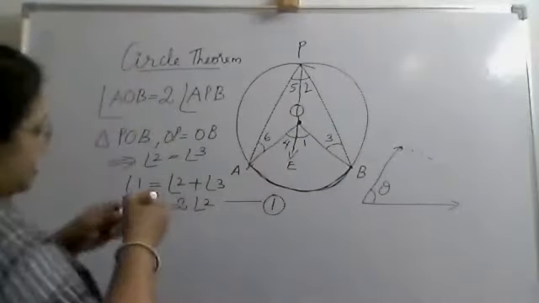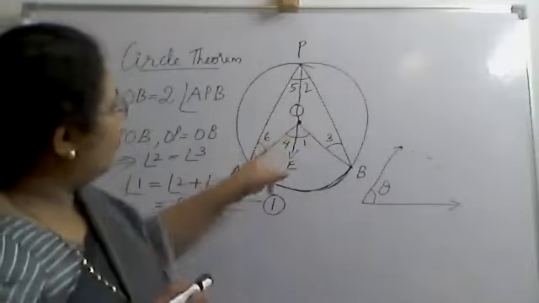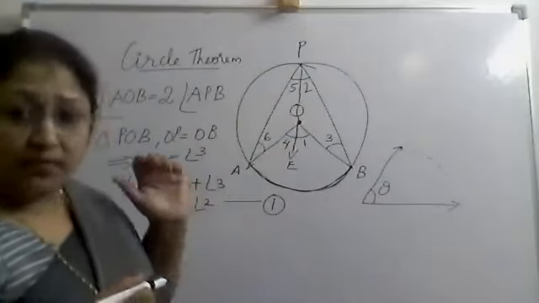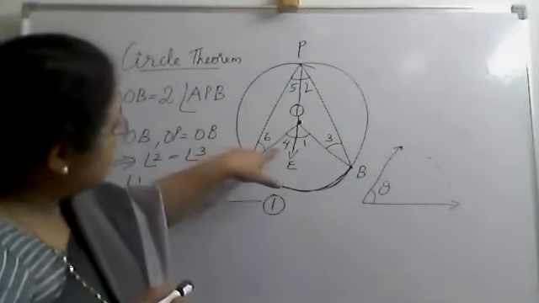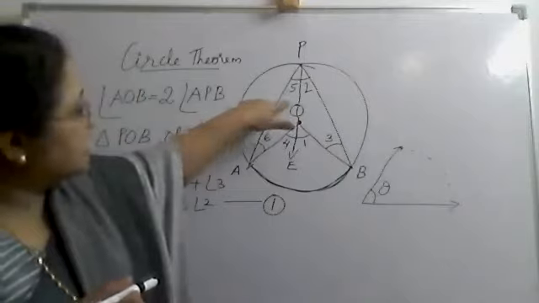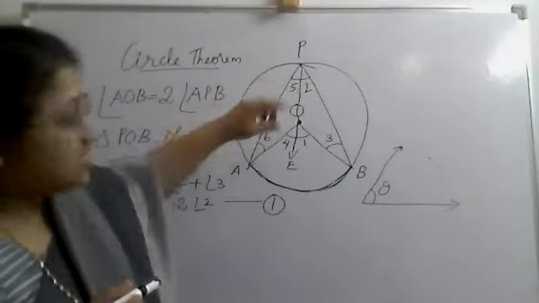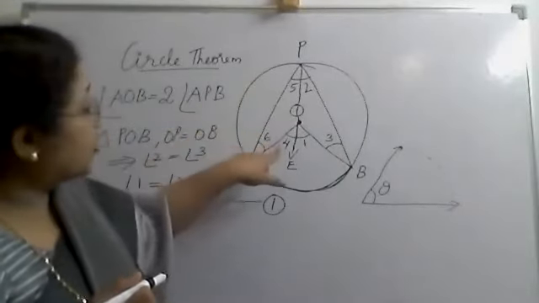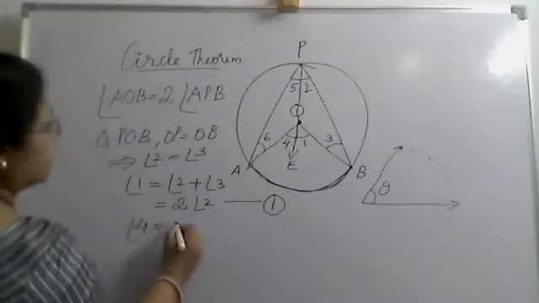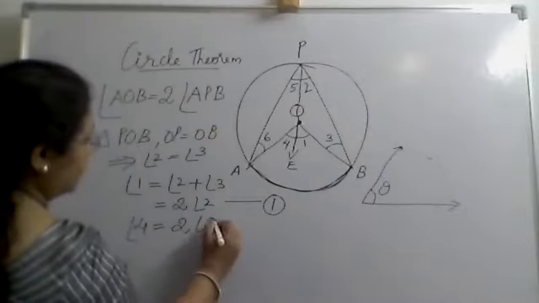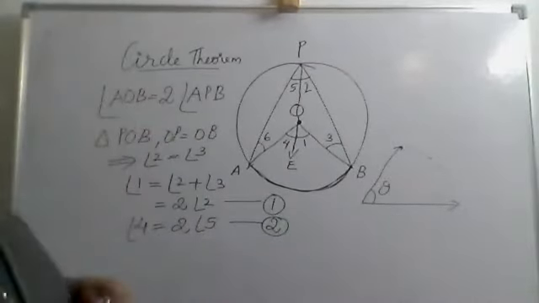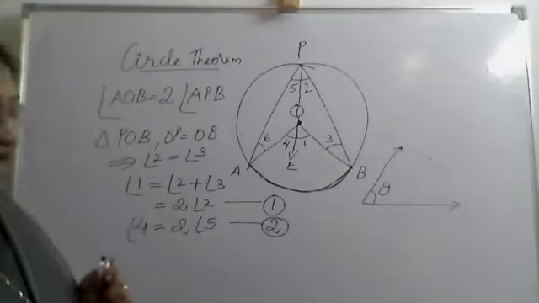So in a similar fashion, can you tell me POA is nothing but an isosceles triangle because OP and OA both are radii, and we know that an exterior angle is equal to the sum of the two opposite interior angles, that is 5 plus 6, and being an isosceles triangle, 5 equals 6. So how can you write angle 4? Angle 4 we can write, in a similar fashion, as 2 angle 5. So this is going to be the second relation, second equation, between angle 1 and angle 4.